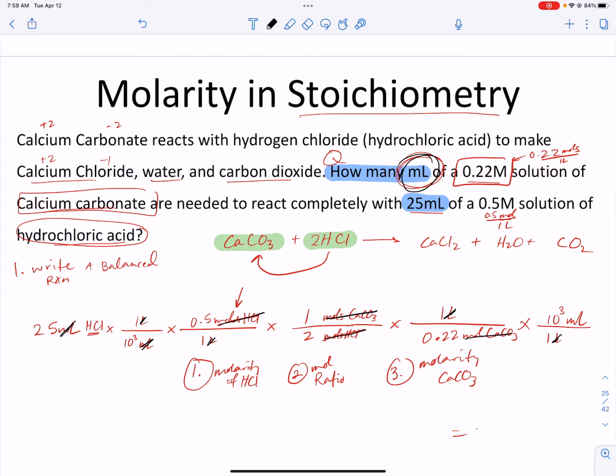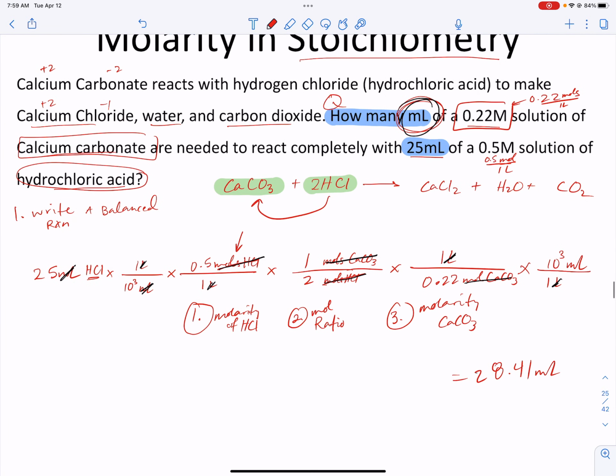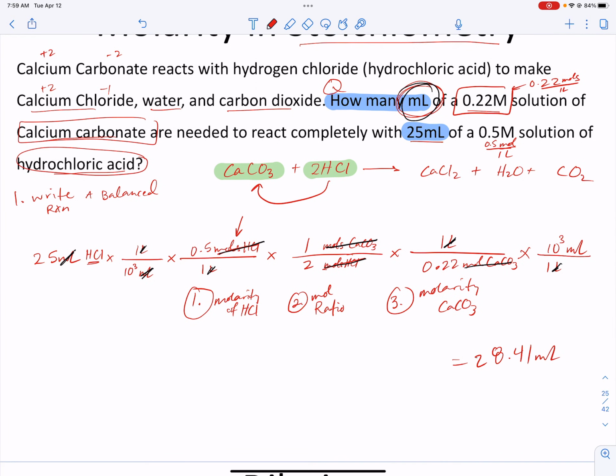And when I did that, I got 28.41 milliliters. So I'm going to have 25 milliliters of my hydrochloric acid solution, and I need 28.41 milliliters of calcium carbonate to react with that at these particular concentrations.